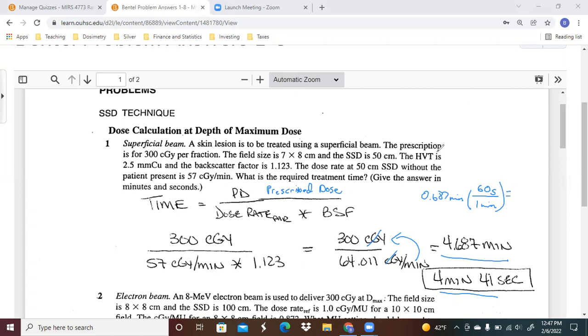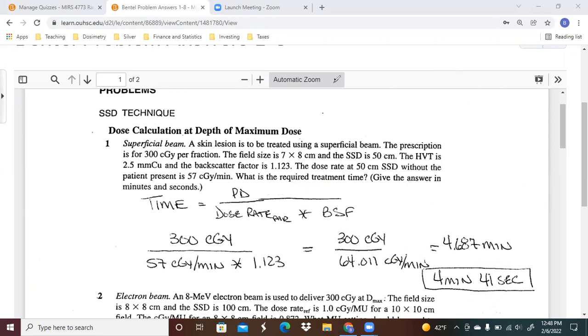If you do the math on that, I don't have a calculator on screen, so we'll take one using my handy dandy phone. 60 times 0.687 ends up with 41.22, or since we're not good enough to get a fraction of a second, that's what it ends up being. Okay, so we'll clear that out.